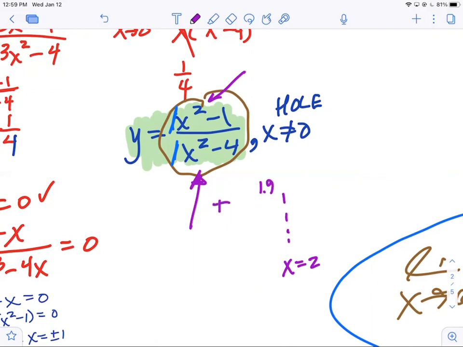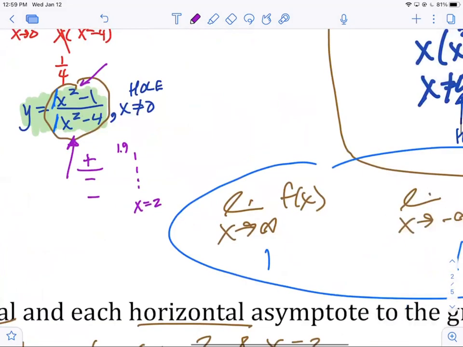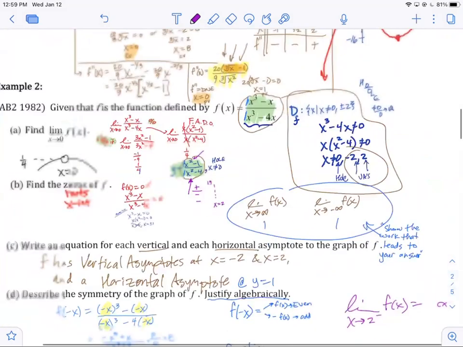So the top is going to be positive. 1.9 squared in the bottom is going to be bigger than 4 or smaller than 4? It should be smaller, right? Because 2 squared is 4. A smaller number than 4 minus 4 is negative, and a positive divided by a negative is negative. So I know this answer is negative infinity.